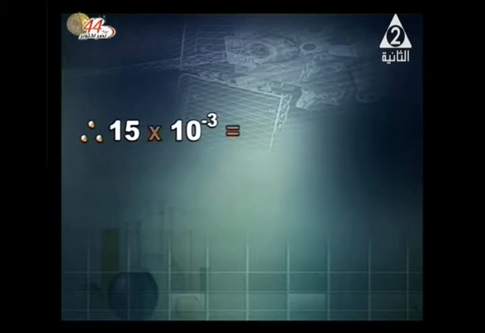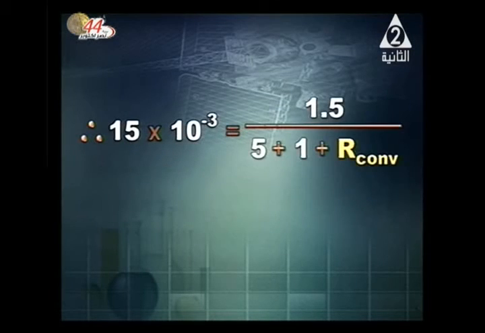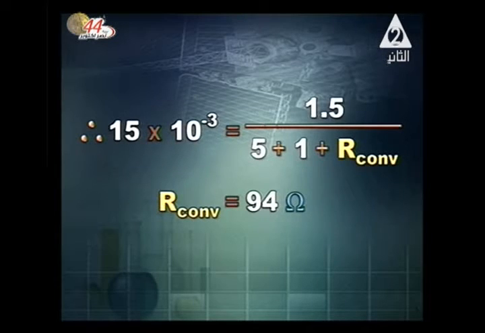So 15 times 10 power negative 3 equals 1.5 over 5 plus 1 plus R conversion. This way, it's easy to obtain R conversion, the resistance required to convert the galvanometer or the milliammeter into an ohmmeter. We need a resistance of 94 ohm.